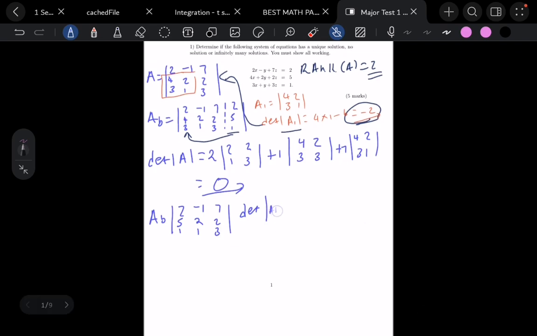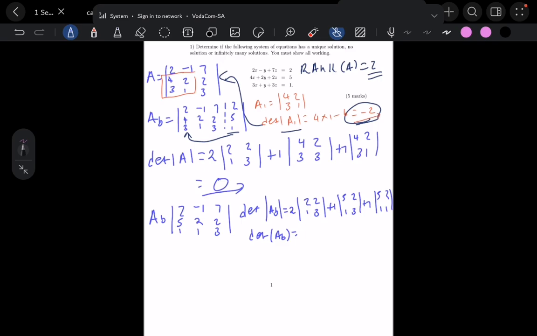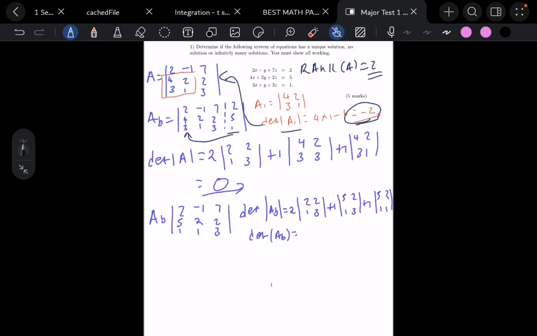The determinant of AB is going to be 2 times (2·3 − 1·2), plus 1 times (5·3 − 1·2), plus 7 times (5·1 − 2·1).